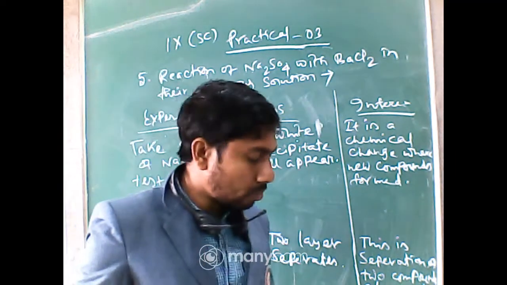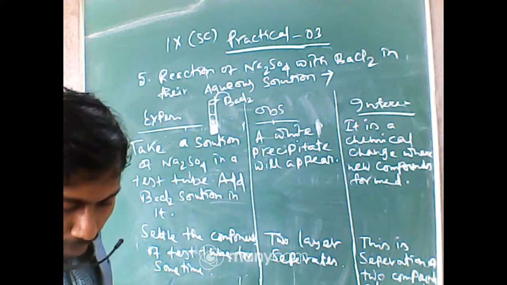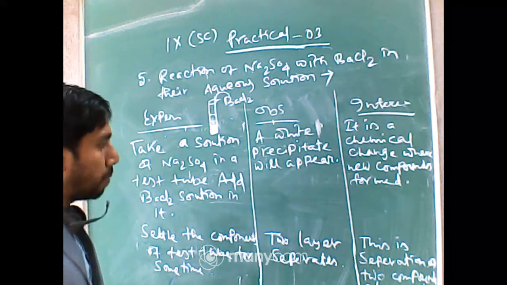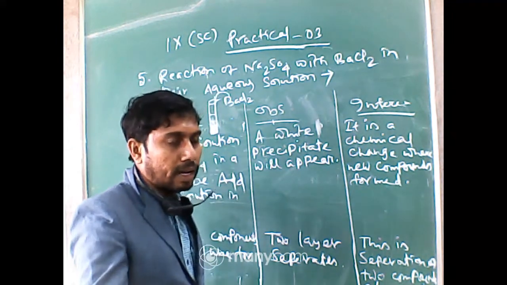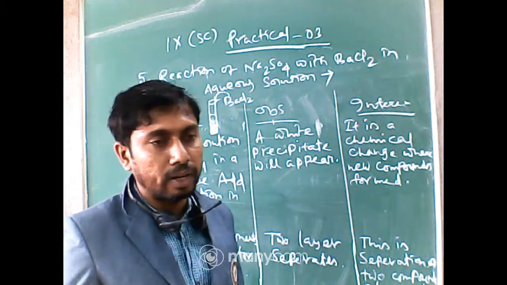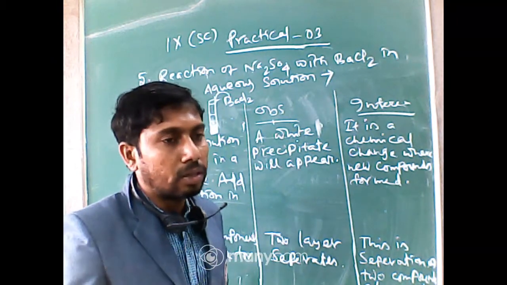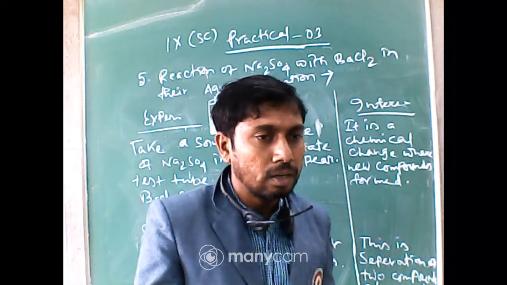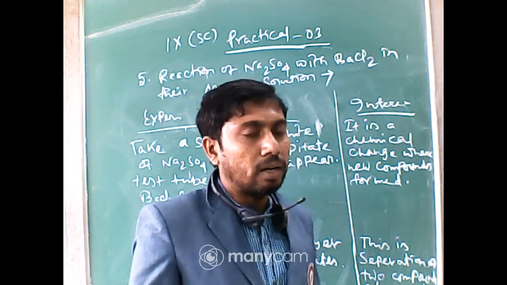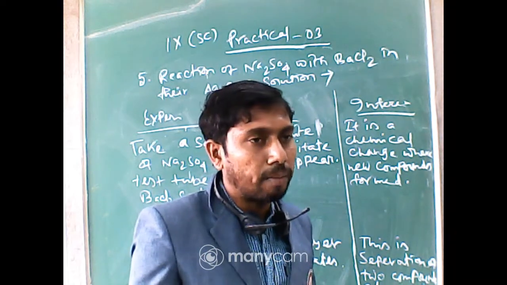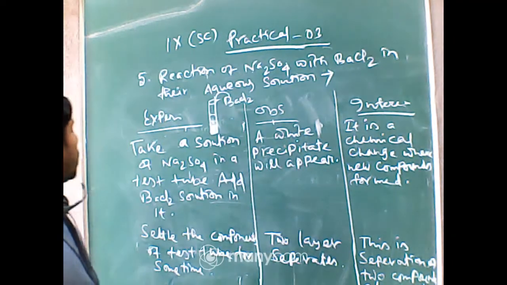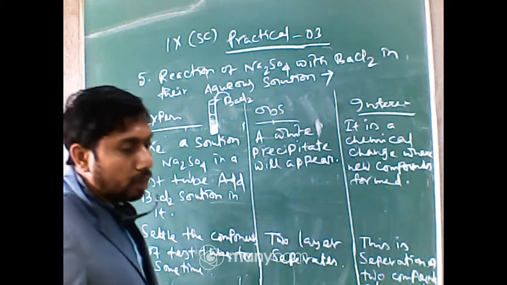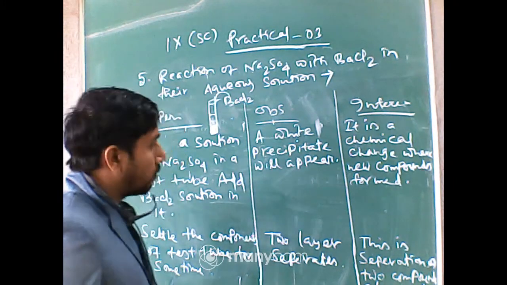This is all about the reaction. That is the 5 kinds of reactions by name: copper with iron sulfate, zinc with dilute sulfuric acid, heating copper sulfate crystal, magnesium with oxygen, and the last one, reaction of barium chloride with sodium sulfate.